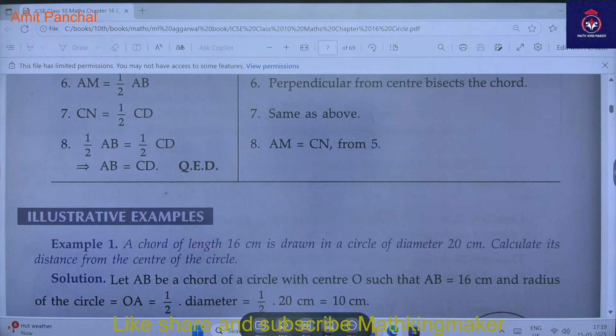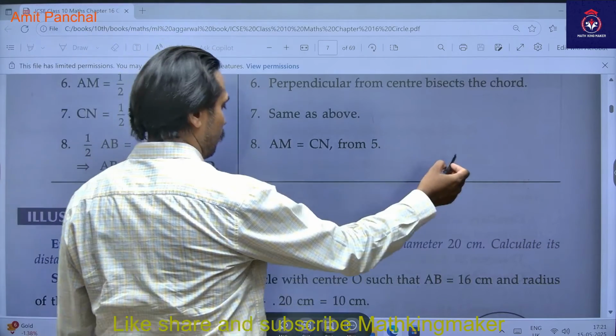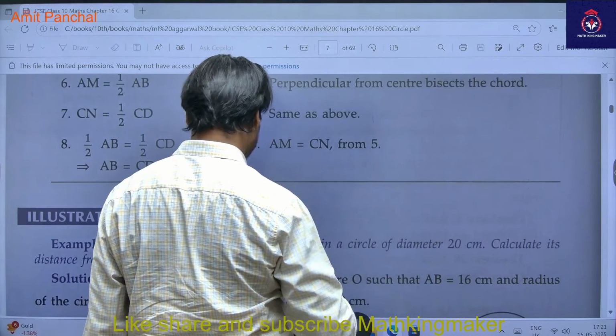Yeah, a chord is a joint of two points on the circle. So its distance from the center, right? Just draw the circle, then only you will realize how the question can be done. First of all draw the circle.